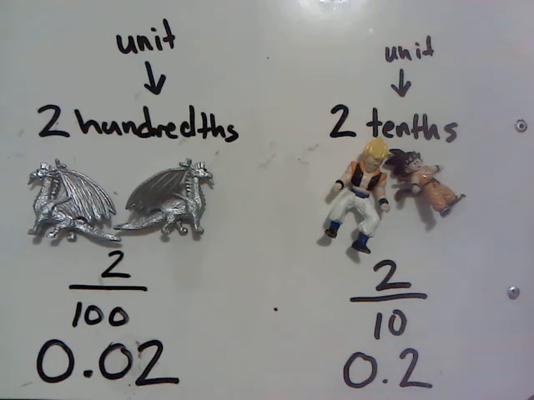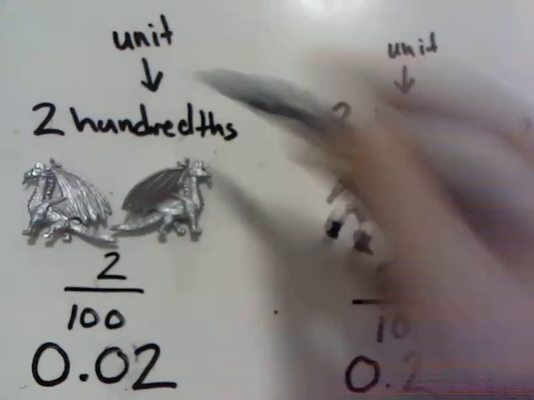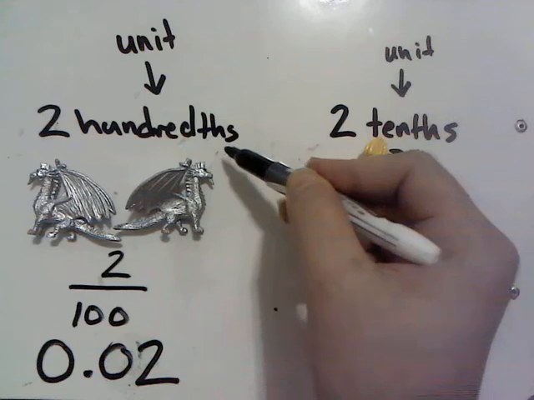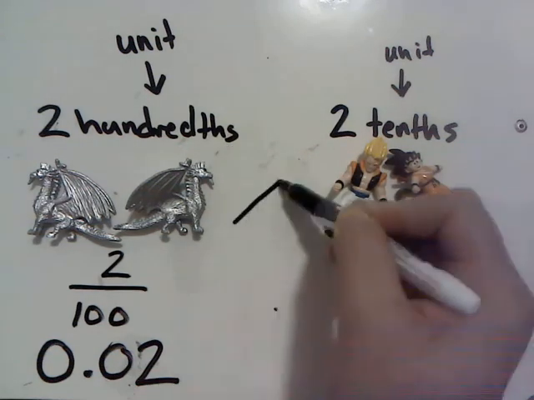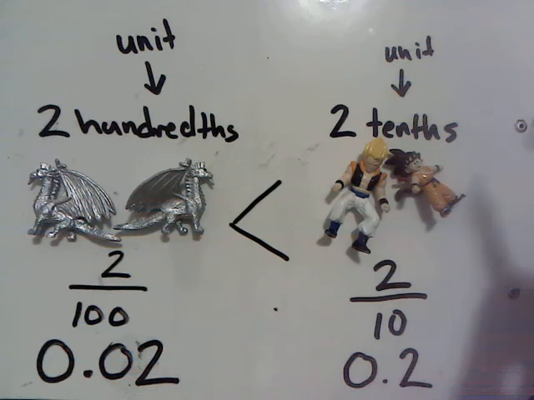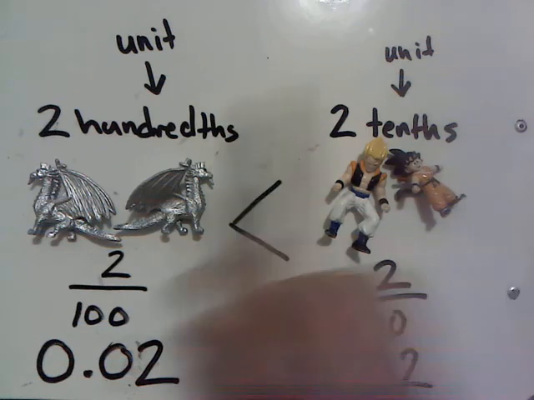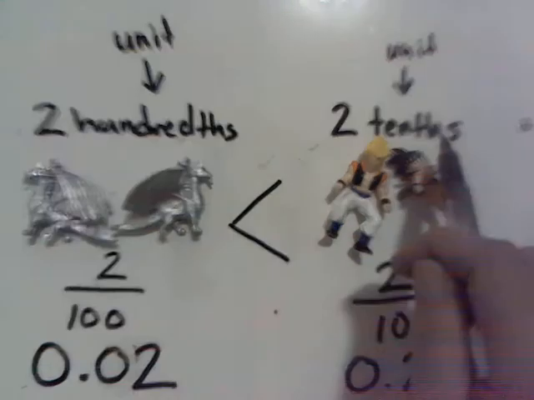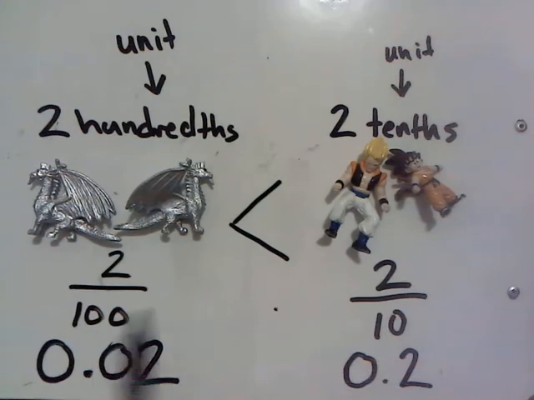And we can show that these dragons, or we're calling them hundredths now, is less than 2 of these Dragon Ball characters, which we're calling tenths. So 2 hundredths is less than 2/10. All of those expressions mean the same thing.